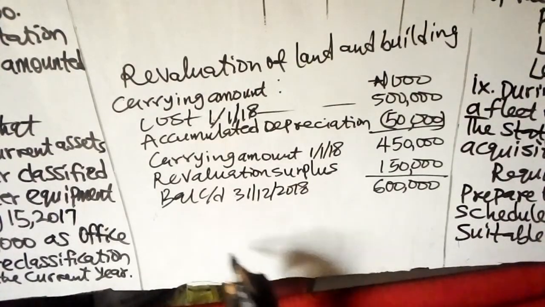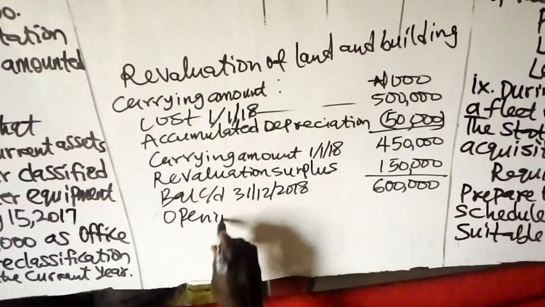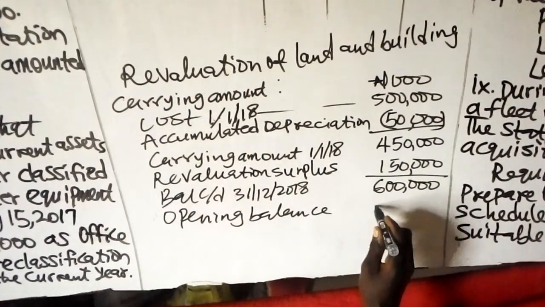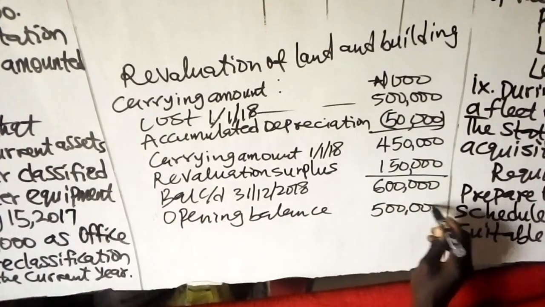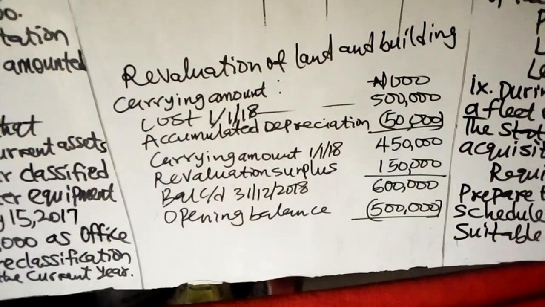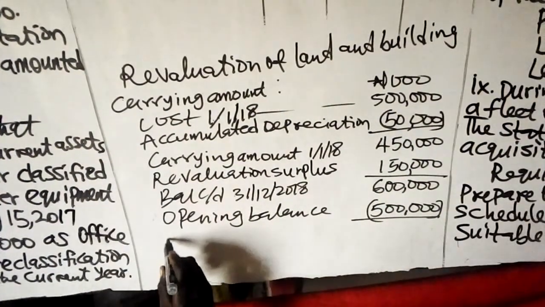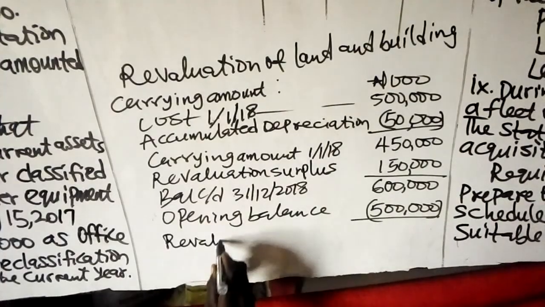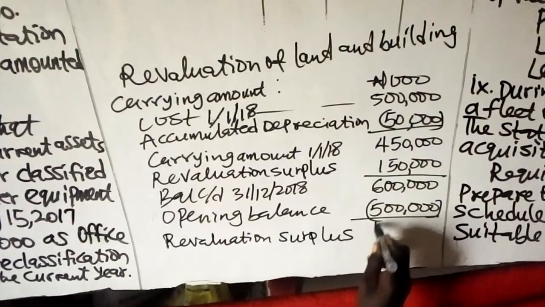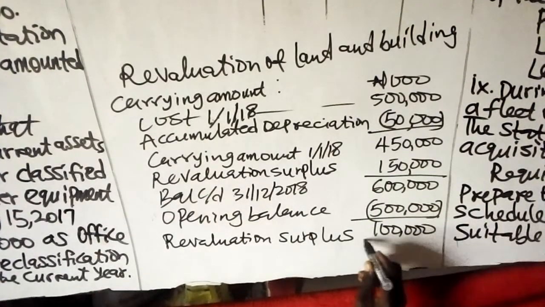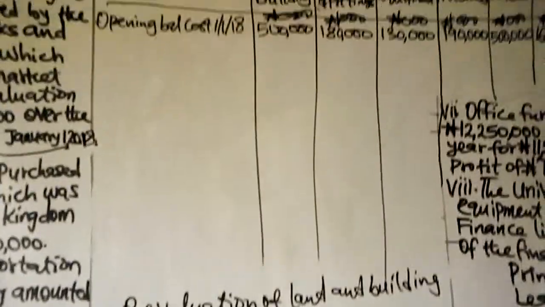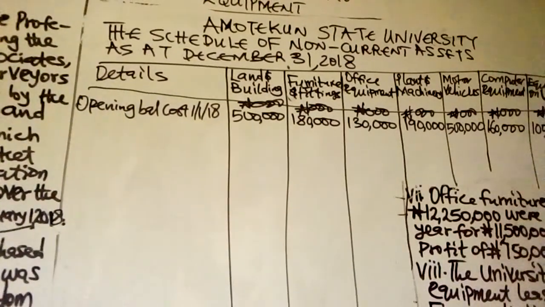But the opening balance was 500,000 given in the question. If you subtract the opening balance of 500,000, that means you have the revaluation surplus of 100,000 during the year. So the asset that was revalued is land and building.